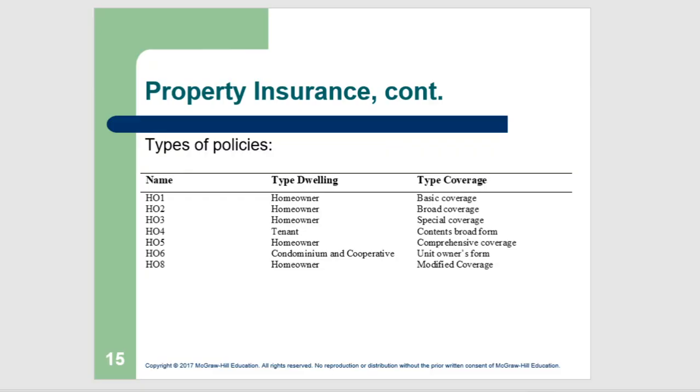So the last is HO8, and this is modified coverage. The reason it's modified is because you might have a home whose replacement cost is greater than the fair market value.